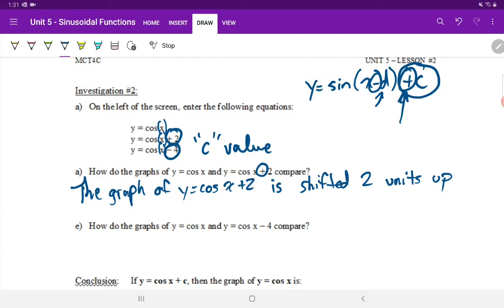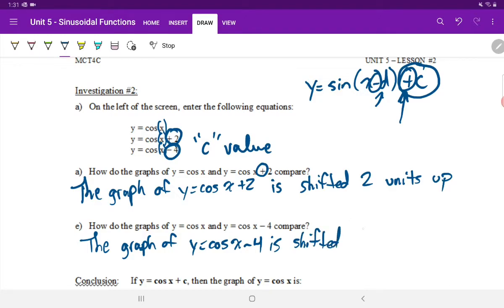Okay, and how do the graphs of y equals cos x and y equals cos x minus 4 compare? Well, it is shifted 4 units down.